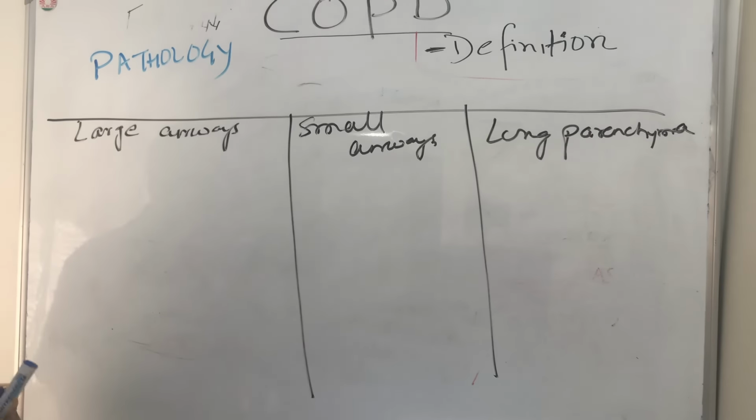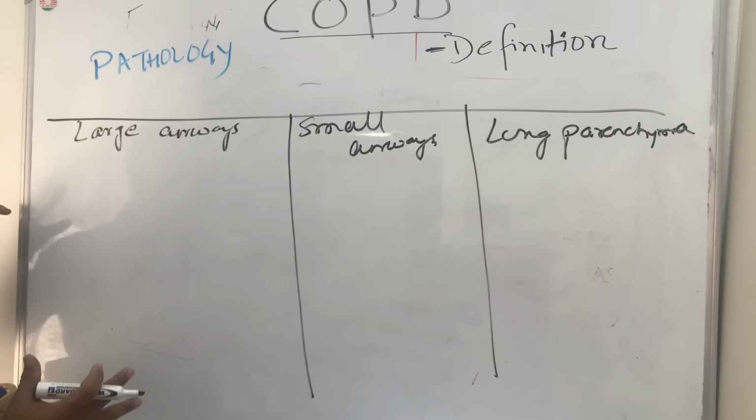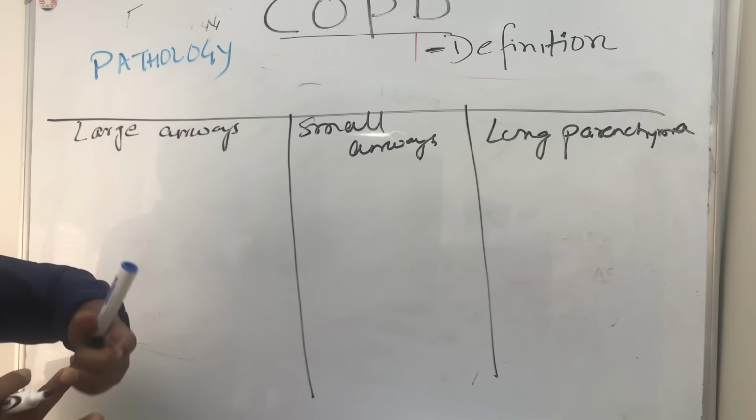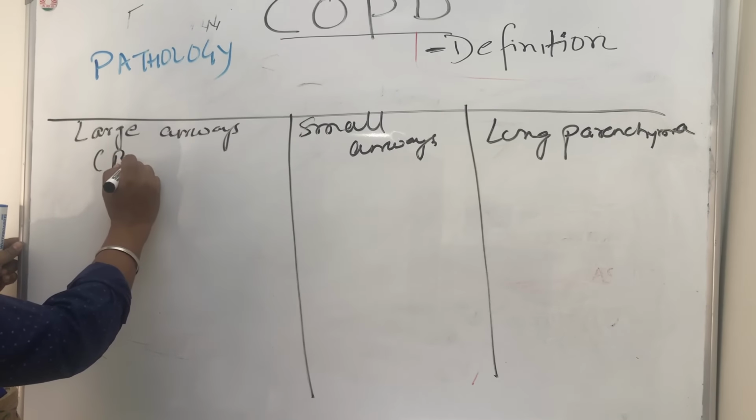So large airways, as you know, what happens in bronchitis. Okay, so when you write pathology, a question might come as pathology or pathogenesis or pathophysiology. I am telling you because these 3 things are different. So large airways means we are talking about bronchitis now.